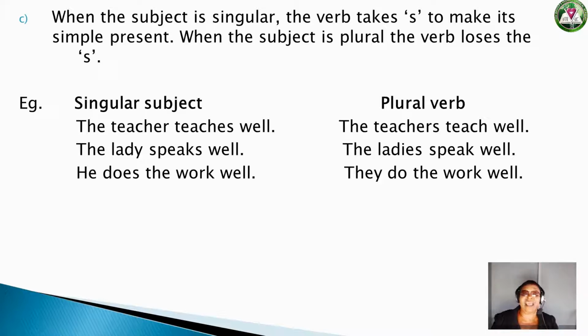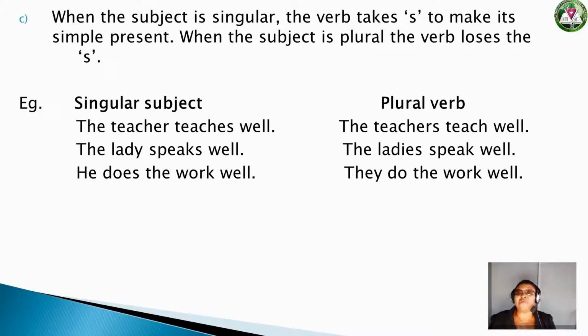loses the S. Example: the teacher teaches well. This is a singular subject. The teacher, then the verb teaches. You can see that it takes S. The teacher teaches well.